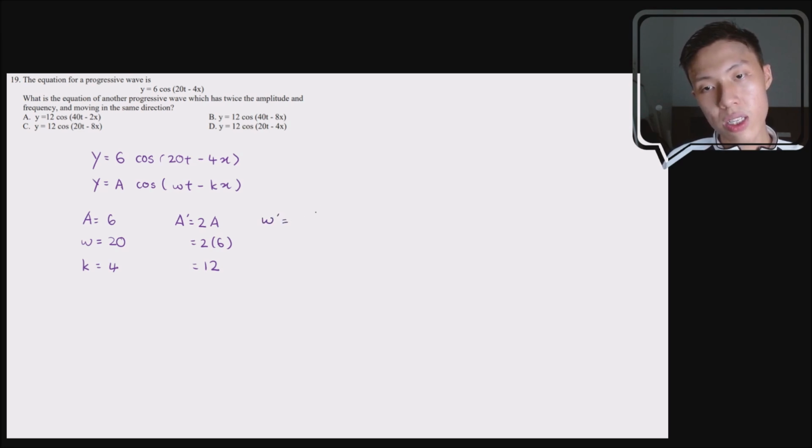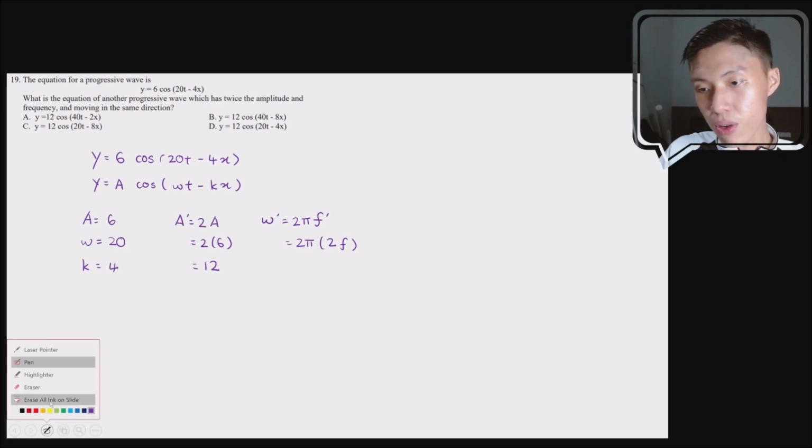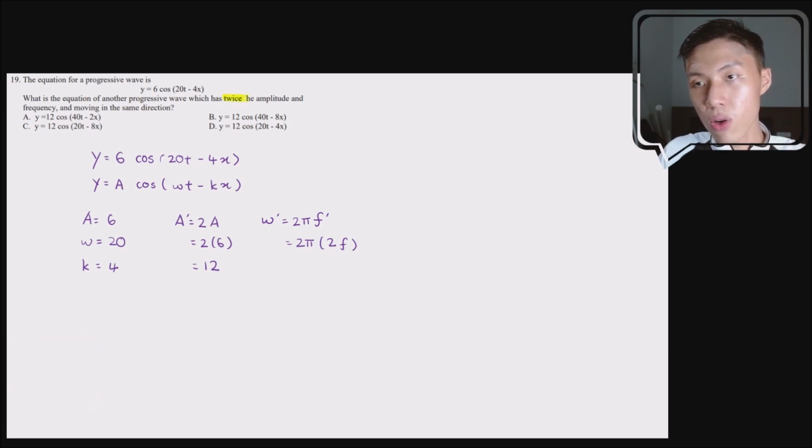The new angular frequency will be equal to 2 pi times the new frequency, and the new frequency is equal to 2 times the old frequency, so it's 2f over here.